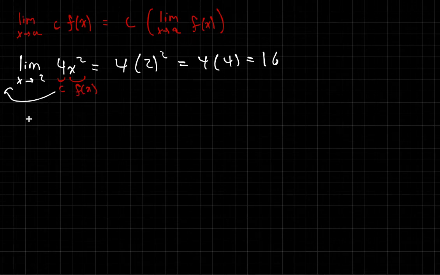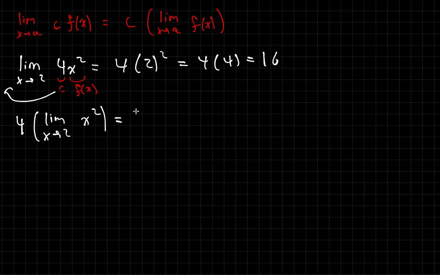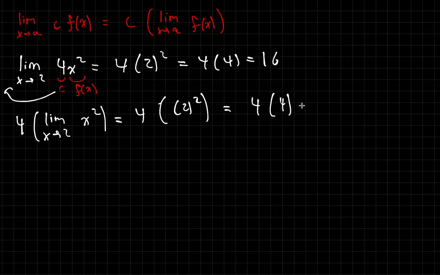If I move 4 outside, I get 4 times the limit as x approaches 2 of x squared. To calculate this, we just input 2 into x squared. So that would be 2 squared. So we get 4 times 4, which is 16. So it turns out that they do have the same result.